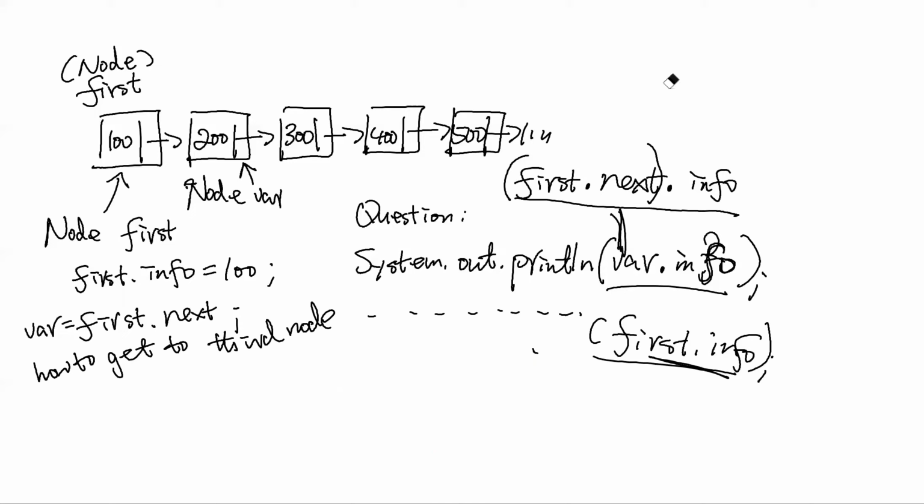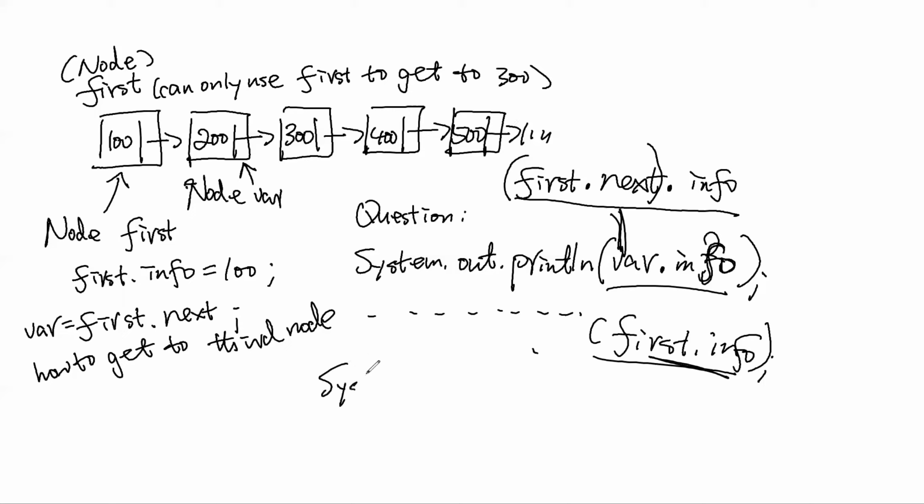So here is the game: you can only use the first to get to 300.